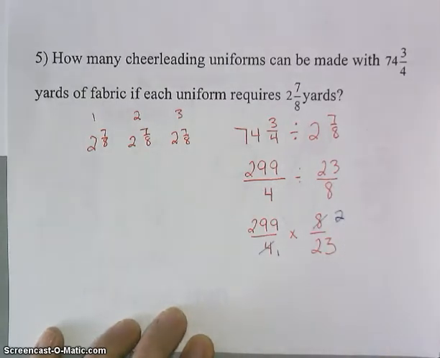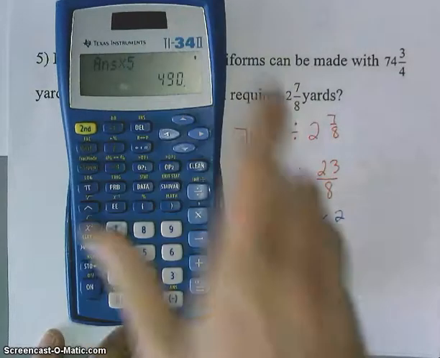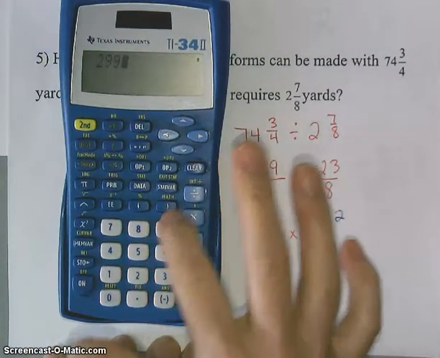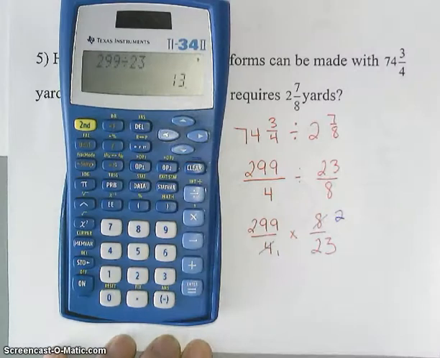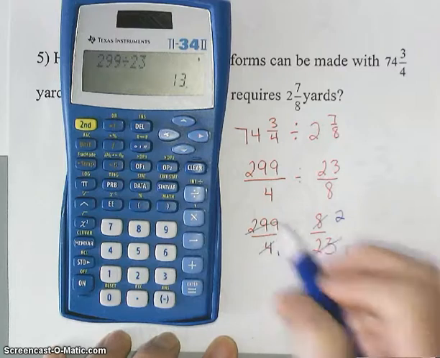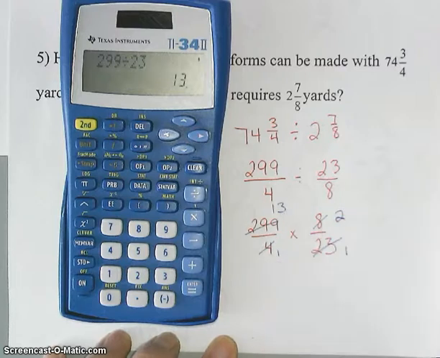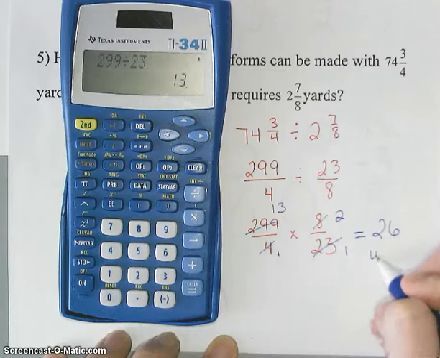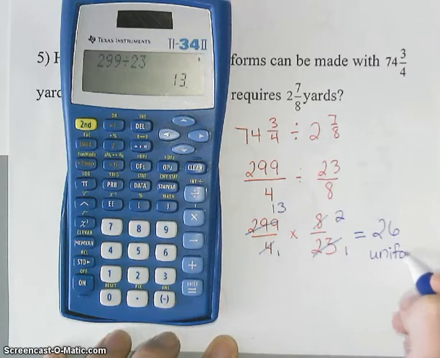And go ahead and get your calculator out and ask yourself, does 23 go into 299? Well, 299 divided by 23 is indeed 13. So 23 goes into 23 one time. 23 goes into here 13 times. I am left with 13 times 2, which is 26 uniforms.